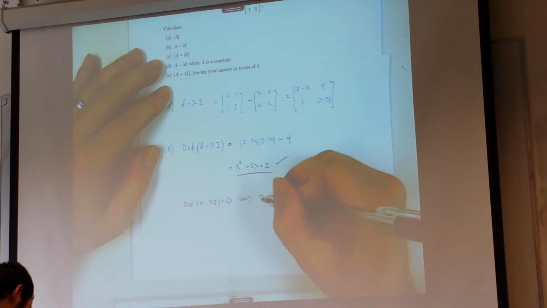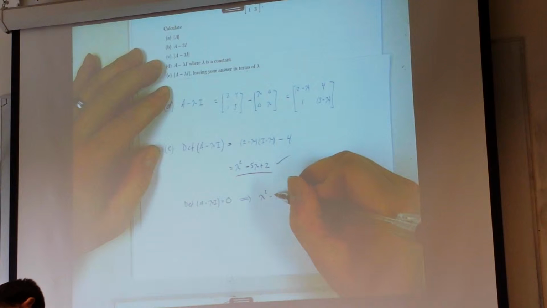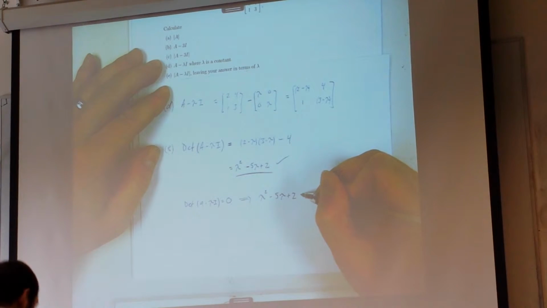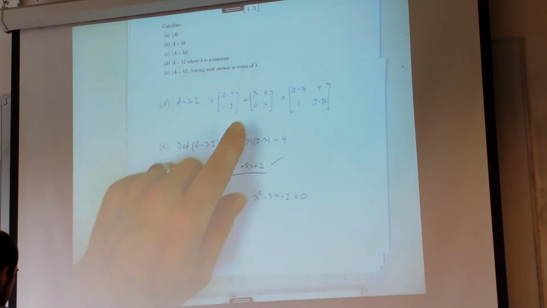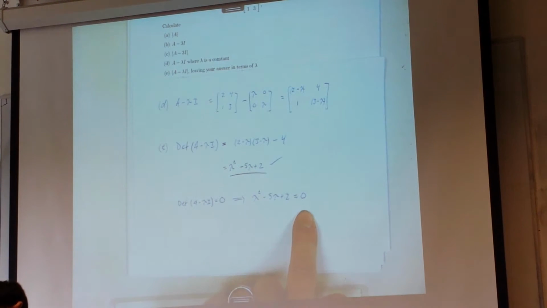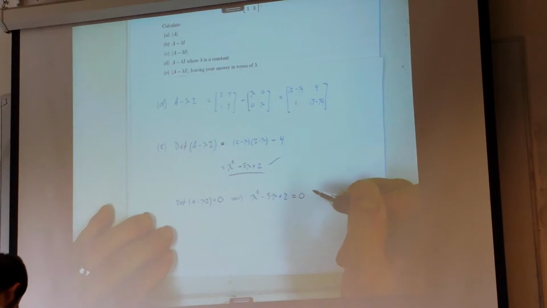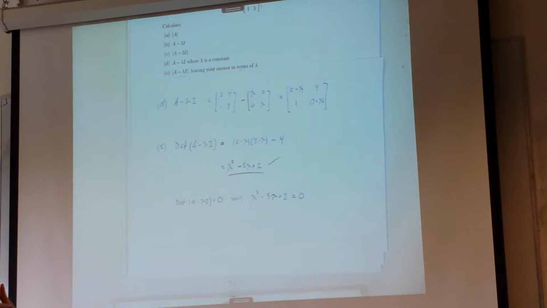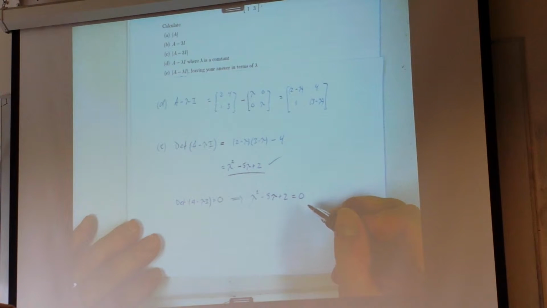We got lambda squared minus 5 lambda plus 2 equals 0. In other words, we're finding the values of lambda that make this matrix have a 0 determinant. And that's not going to factor.